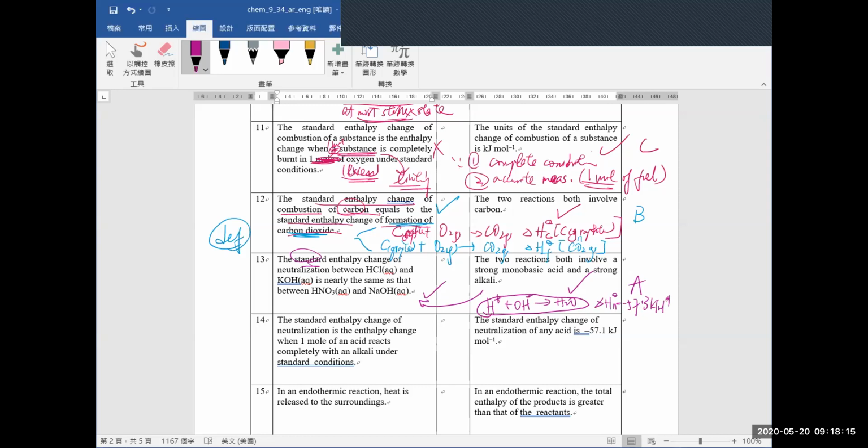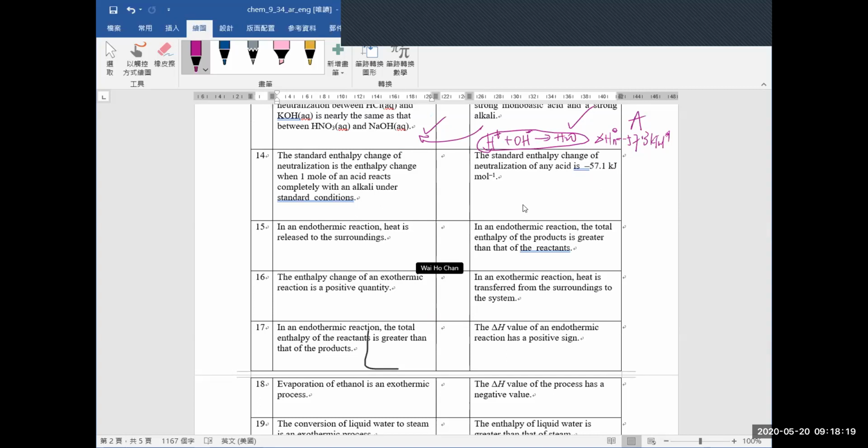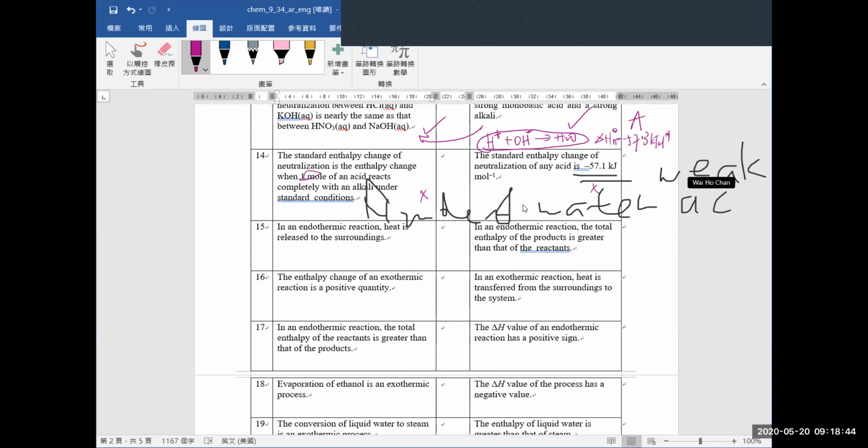14. 14 is D. Both are wrong. How wrong are they? Yes, it's nothing related to how many moles of acid or alkaline.